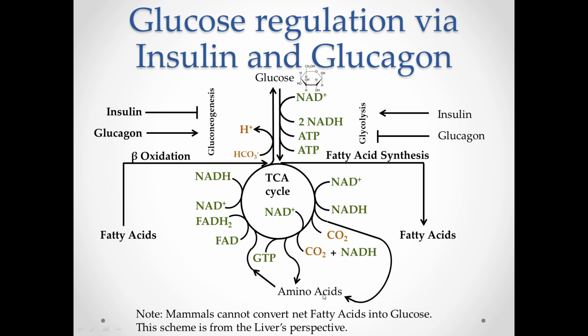And so in order to replenish those citric acid cycle intermediates, your body breaks down amino acids and uses those amino acids to replenish these citric acid cycle intermediates. And so in the absence of amino acid breakdown, the conversion of fatty acids to glucose through gluconeogenesis is not possible.